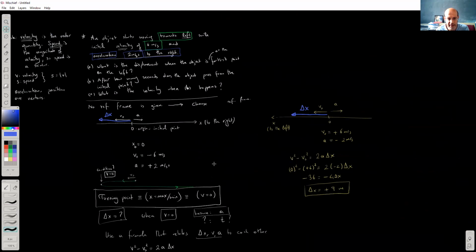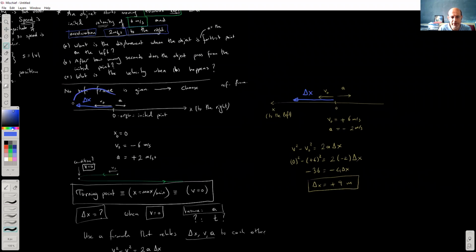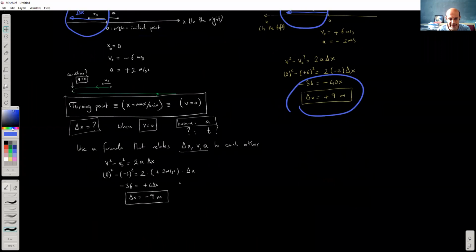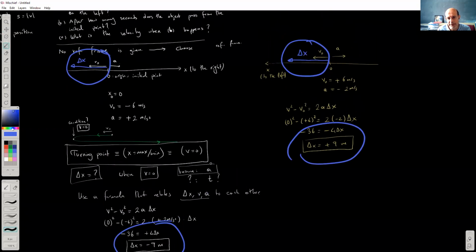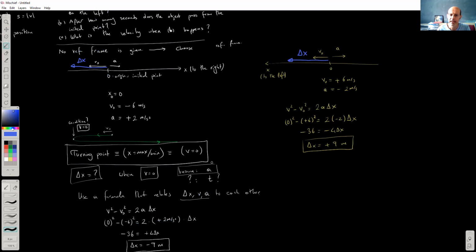So the same physics, but different numbers. In these two solutions, I use different numbers, but I still express the same thing, okay?